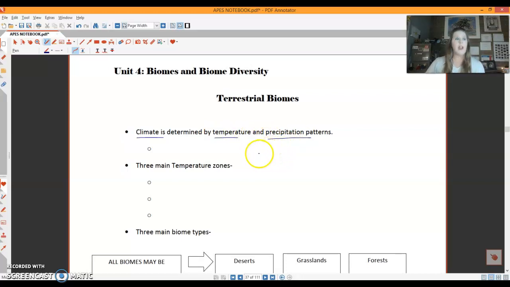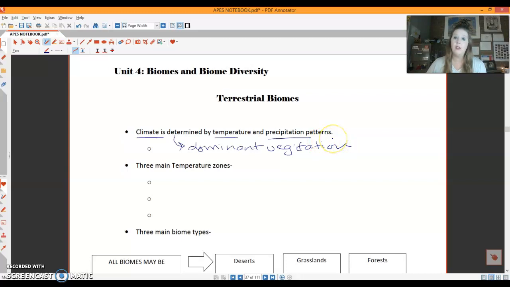All right, now another thing that will also help us identify biomes is the dominant plant species that are found there. So this is also determined by the dominant vegetation.